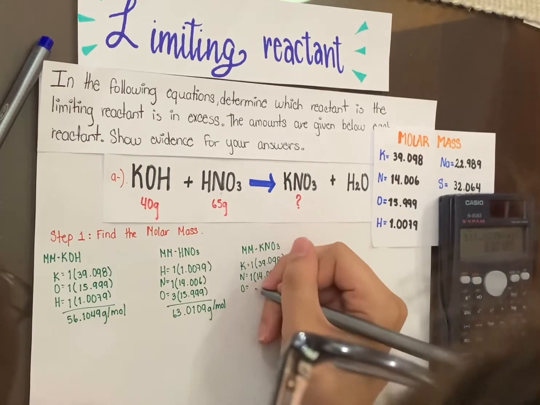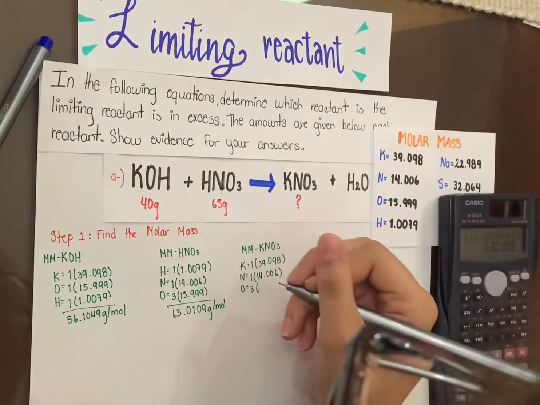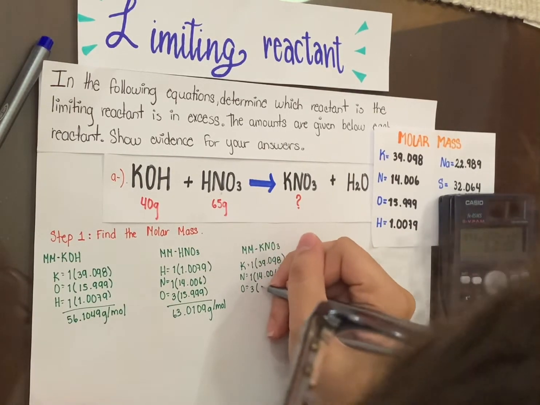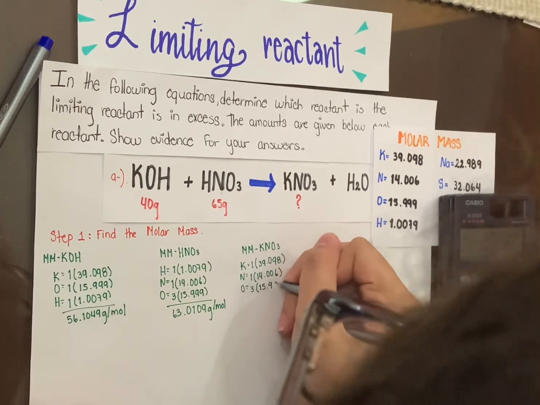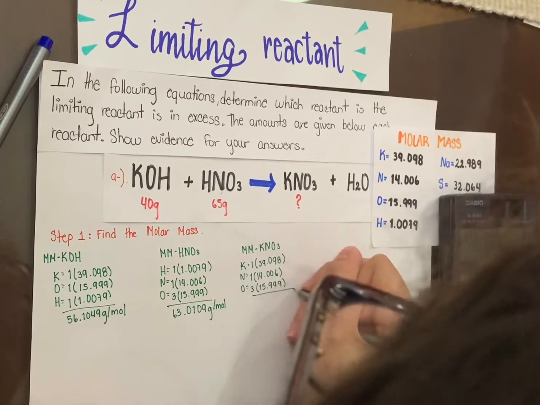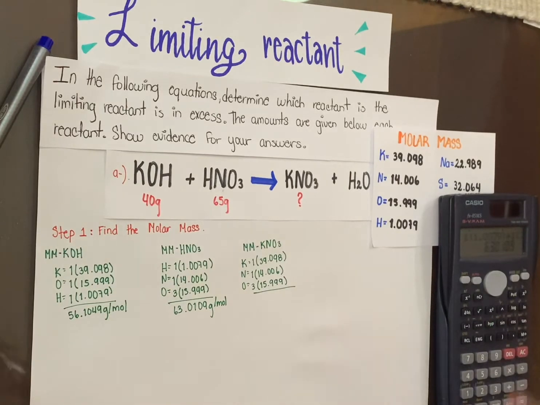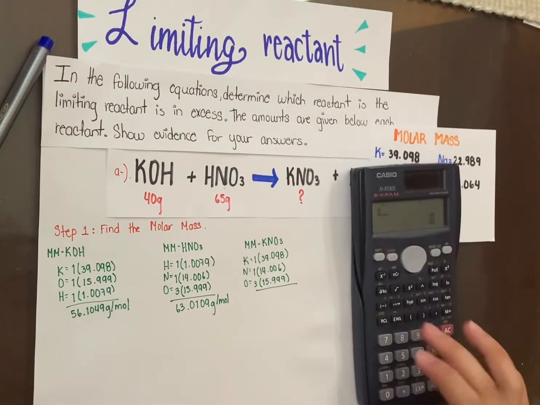And of oxygen, I have 3 subscript, and oxygen is 15.999. So this value, I will add it.